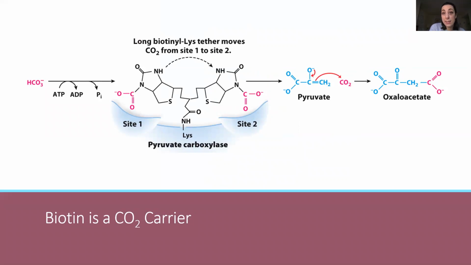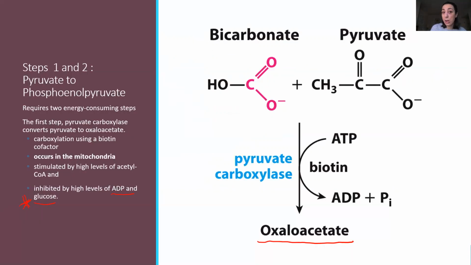Now, this enzyme uses a cofactor called biotin, and we will see this cofactor again. Biotin helps to carry carbon dioxide. It's going to use that source of carbon dioxide, which, if you remember, is bicarbonate. Notice that we're using this CO2 on bicarbonate. Bicarbonate comes from our blood.